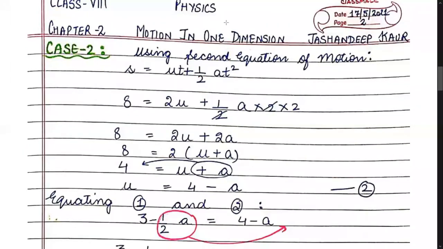Again, I'll be using second equation of motion, but distance will be taken as 8 meters. Since it is given in the question that distance is 8 meter in 2 seconds. So instead of time, I'll take 2 now. Square of 2 means 2 multiplied by 2.